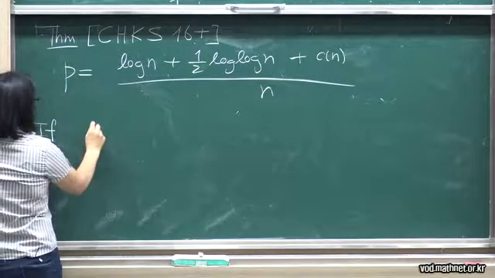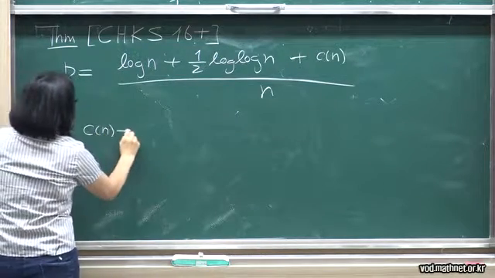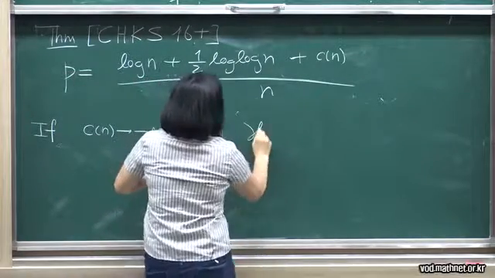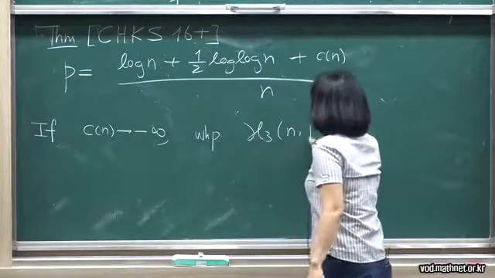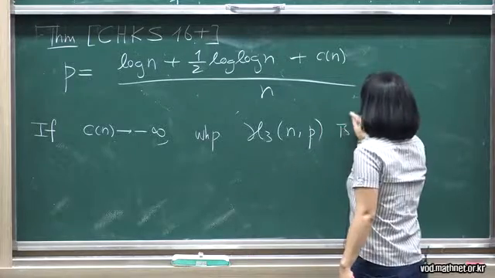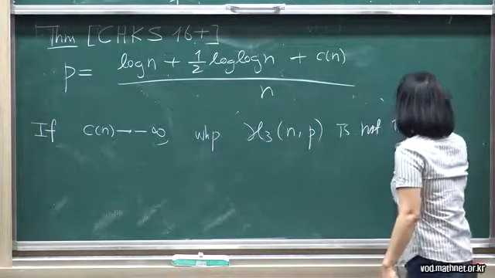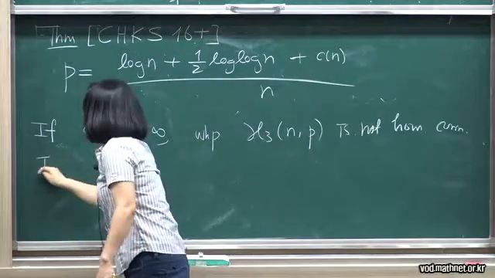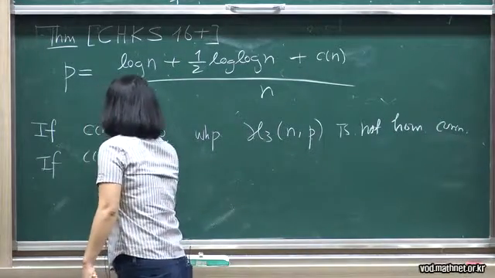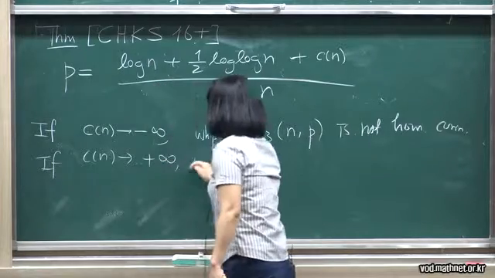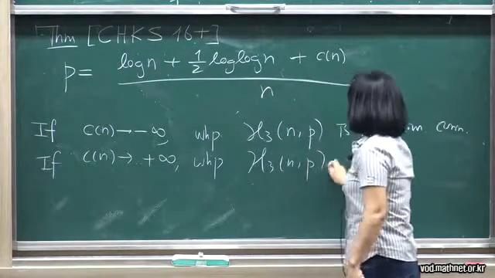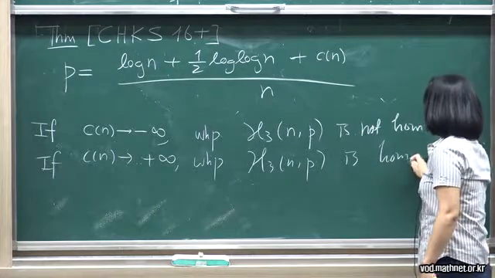So, the same business: if Cn tends to minus infinity, then with high probability our simplicial complex arising from the hypergraph is not homologically connected. On the other hand, if Cn tends to positive infinity, with high probability H3 and p is homologically connected.